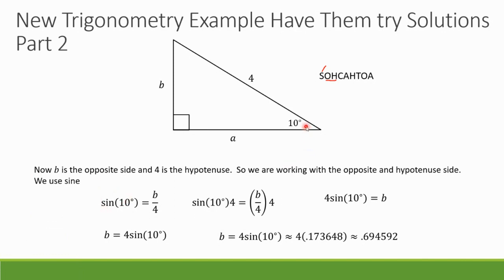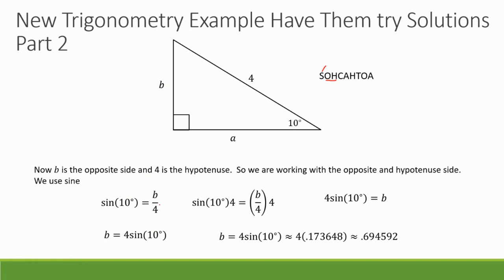So sine of 10 degrees is opposite, which is B, divided by 4. Now we have to solve for B. It's just like the previous question: we want to get B all alone.